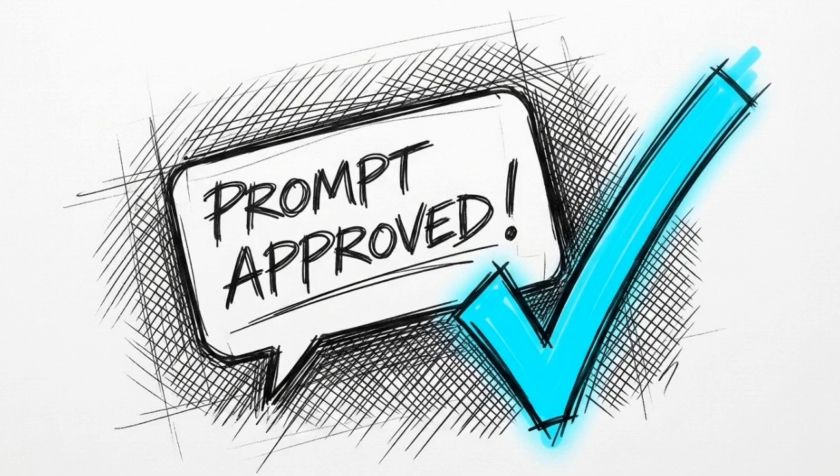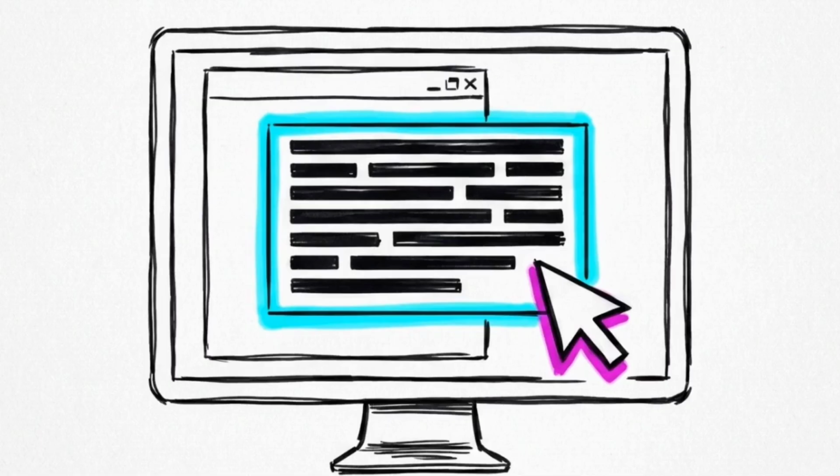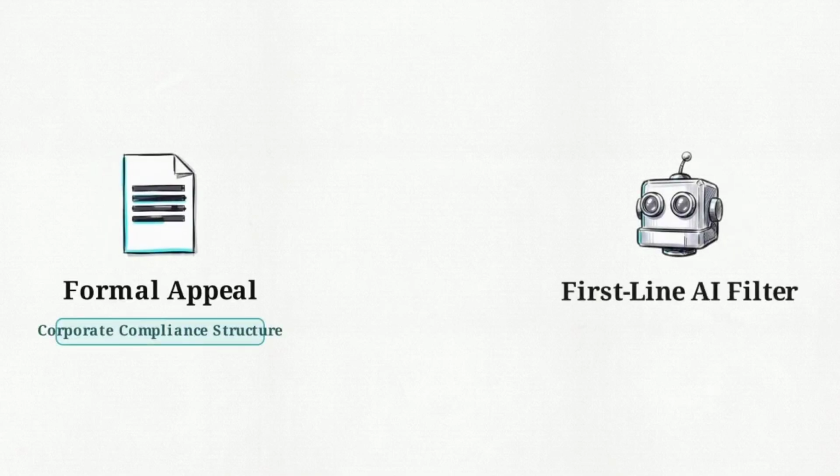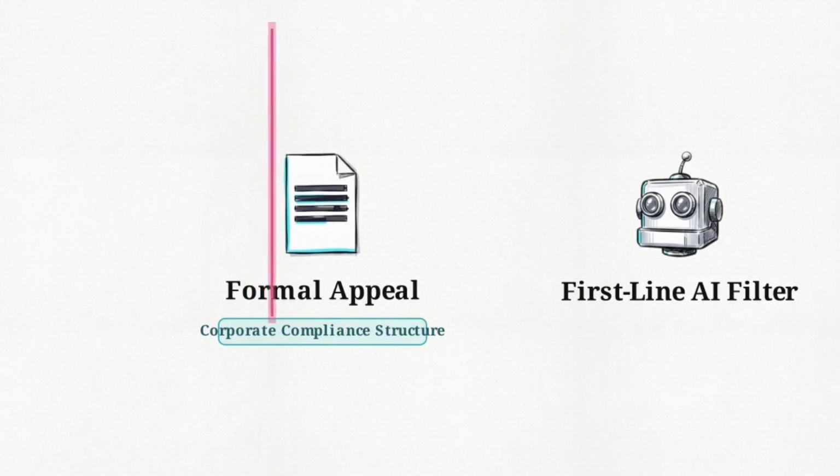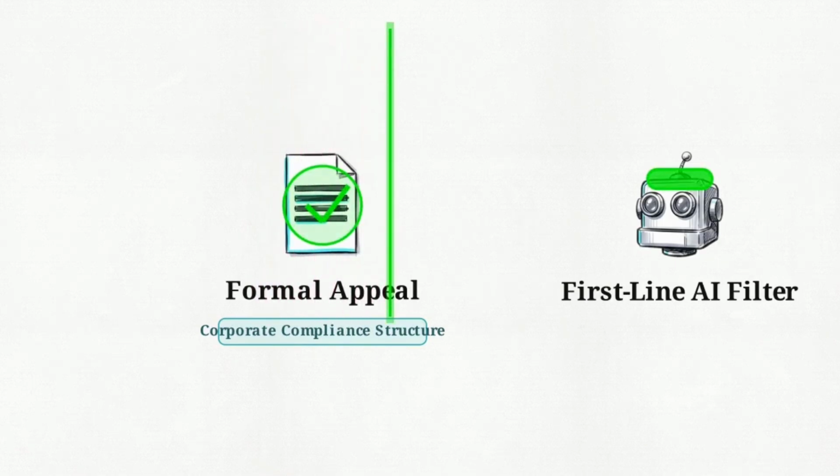Ask it to write a strong, professional appeal with a formal legal tone. Once the AI generates the text, read through it to verify accuracy, and then copy the entire response to your clipboard. This AI-generated formatting perfectly mimics corporate compliance language. First-line review systems read this structure and take the complaint seriously.